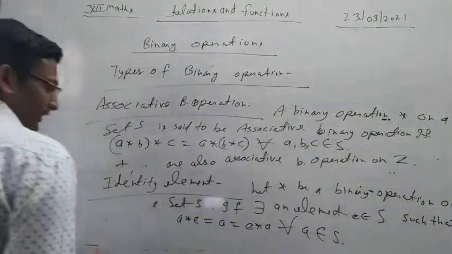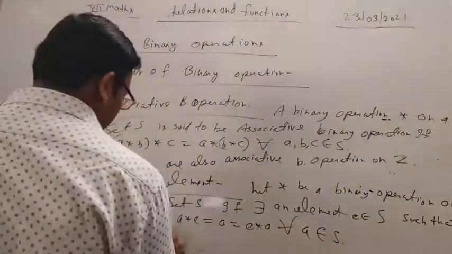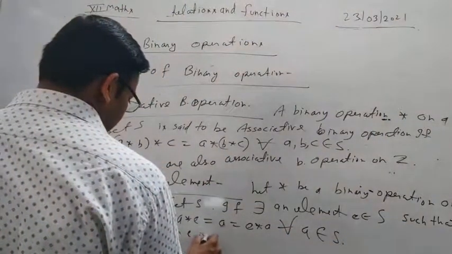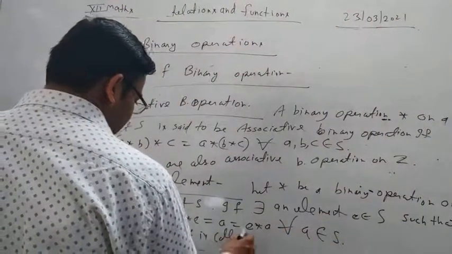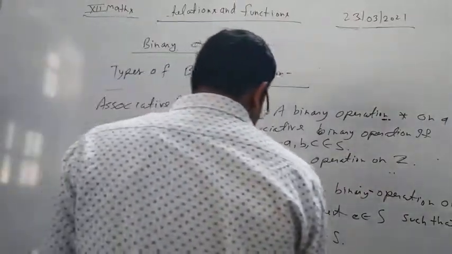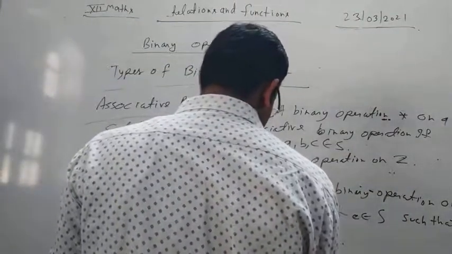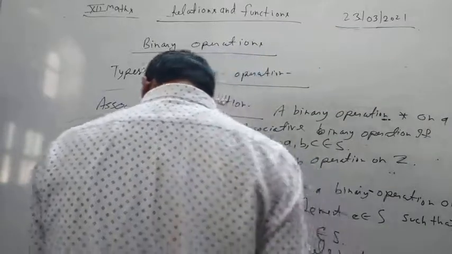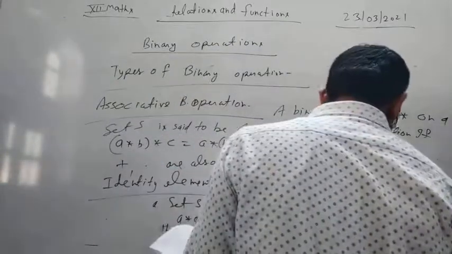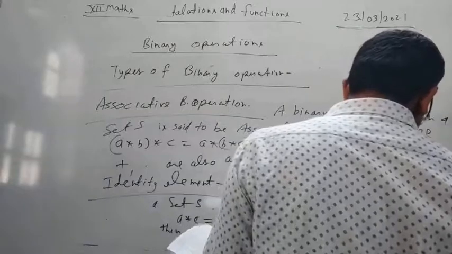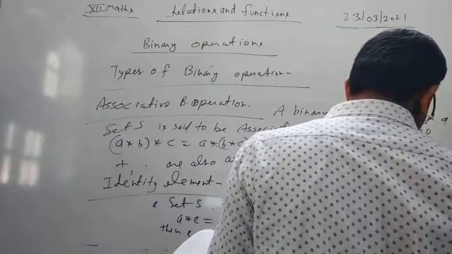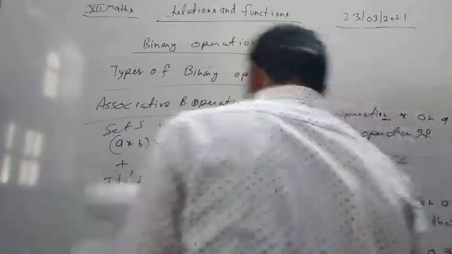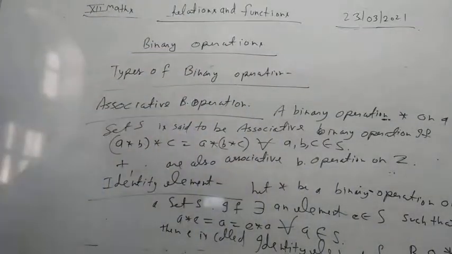So students, if this condition holds, then this E is called the identity element for the binary operation star on S. Okay, students.